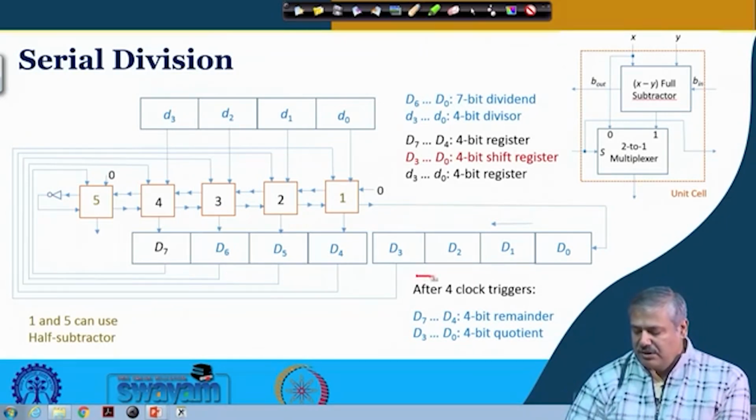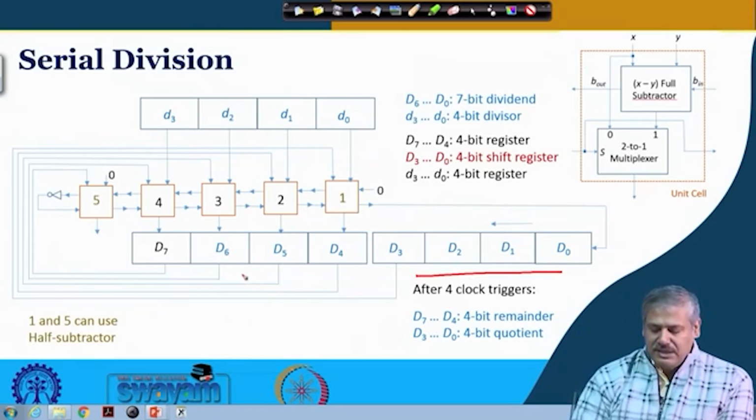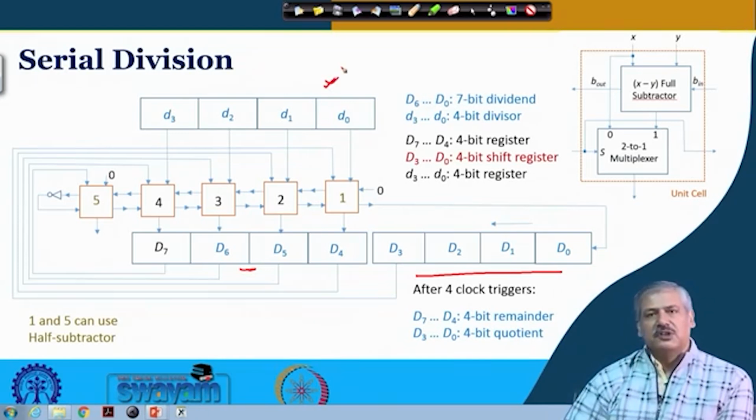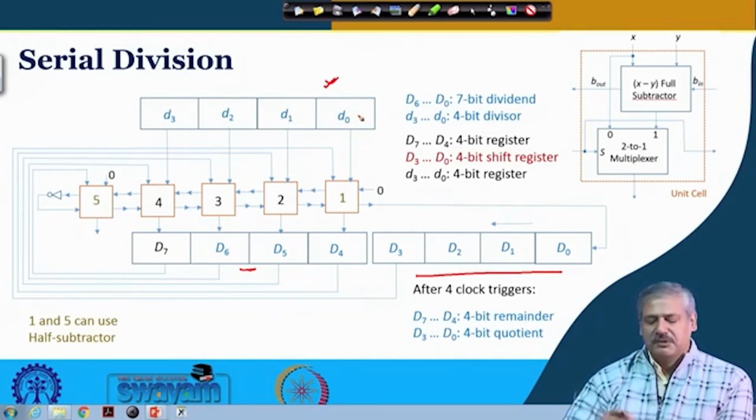So D0 to D3 is a 4-bit shift register, okay, and this one is a parallel in parallel out register, okay, and this is just a latch or a parallel out register which could be serially in, parallel in, depending on the requirement. Once it is loaded, the output is always being used, okay. Is it fine?